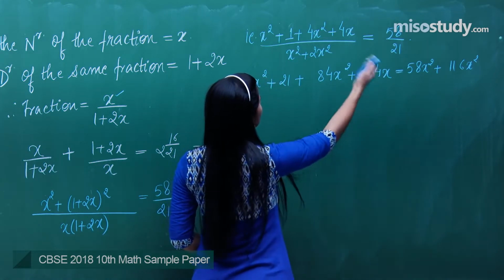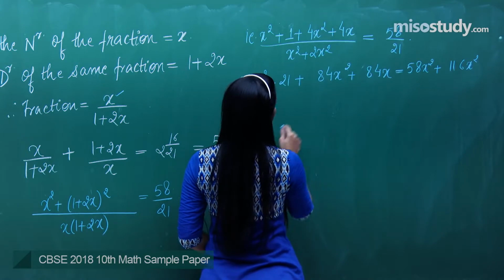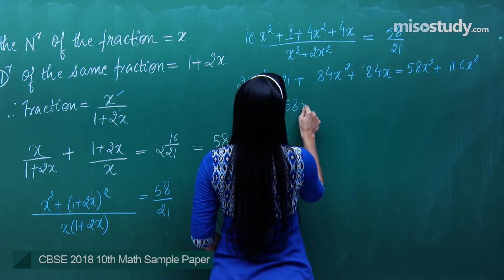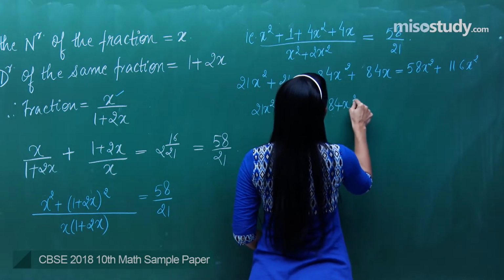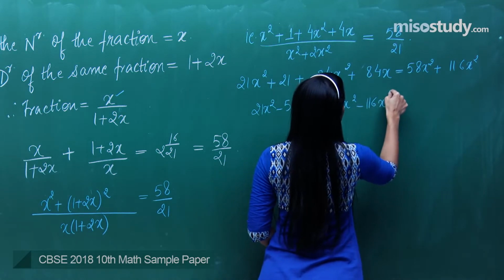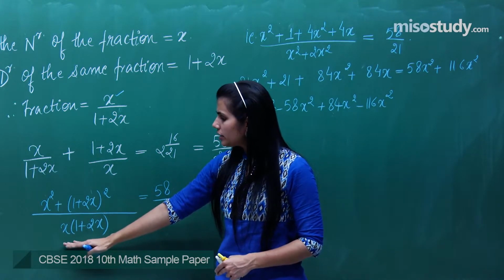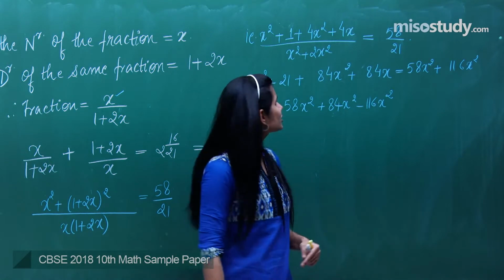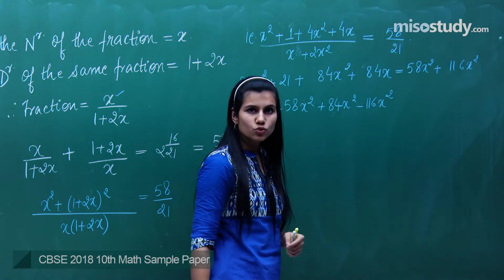So over here, just bring everything on the left hand side. You have 21x square minus 58x square plus 84x square minus 116x square. Over here you had x plus 2x square, so over here you will not have x square, you will have x plus 2x square.